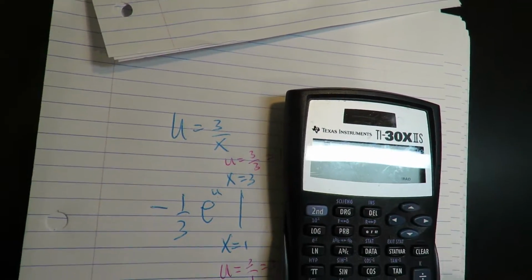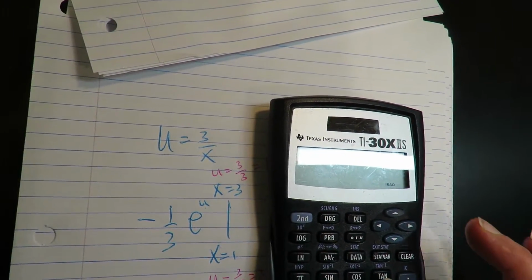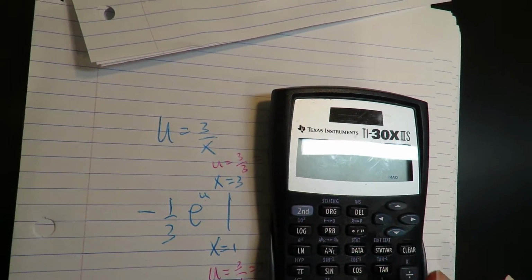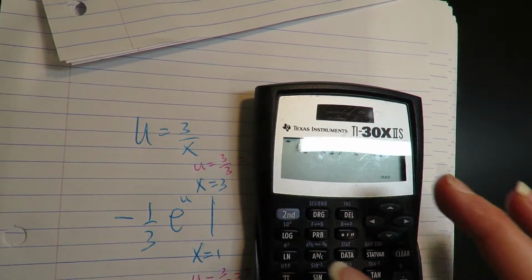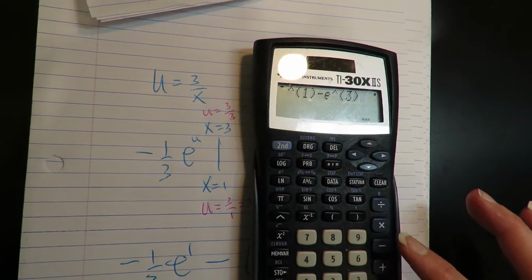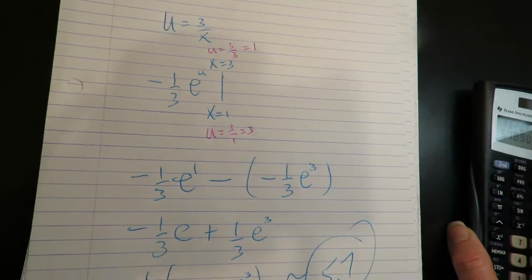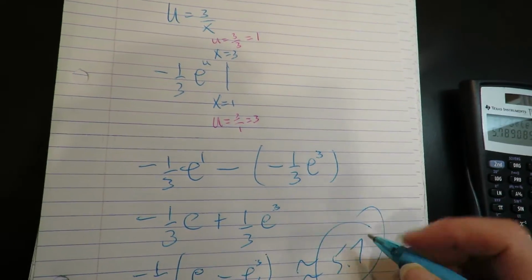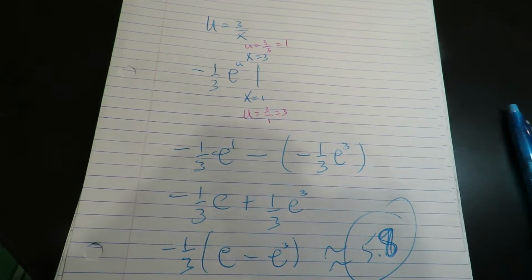Clear, negative 1 divided by 3 times, shift e to the 1, close the 1, minus e to the 3rd, close the 3rd, close the common factor. 5.8 actually. Okay gang, that's it on this one. I'll catch you. Bye.